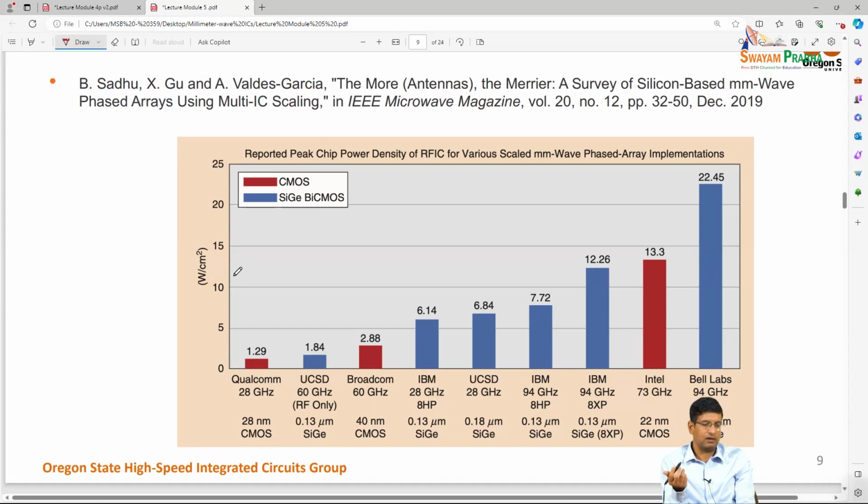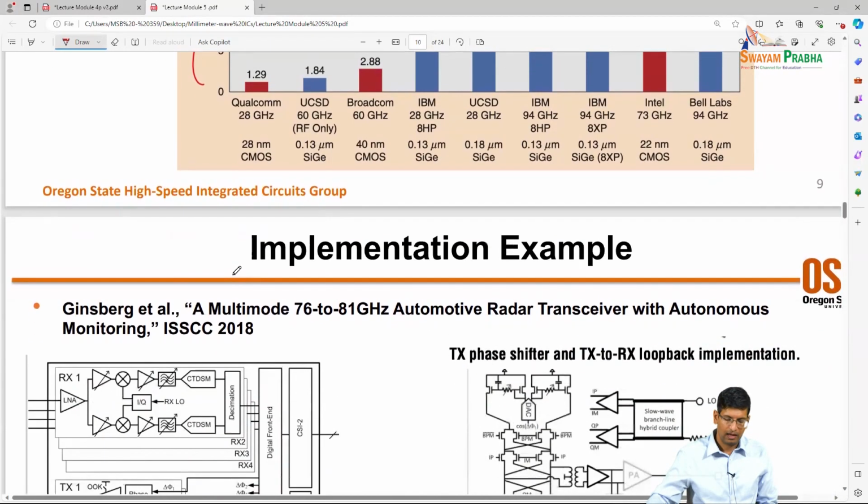So you can see here that there is a general approach which keeps it in the double digits, right? And then the job becomes to design heat sinking approaches that can take the heat out of the IC.